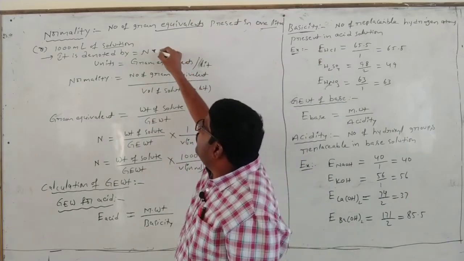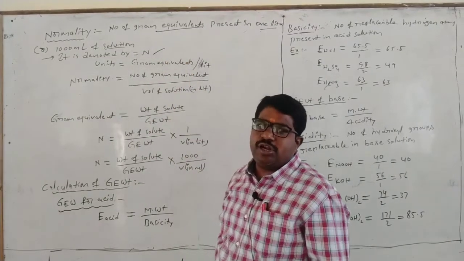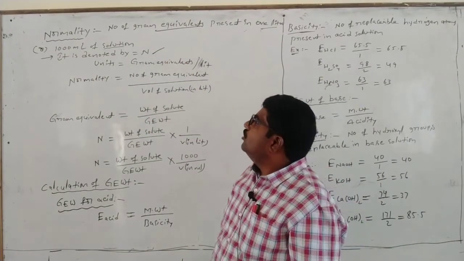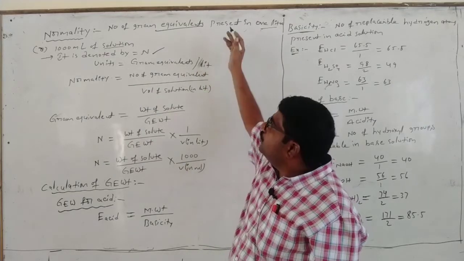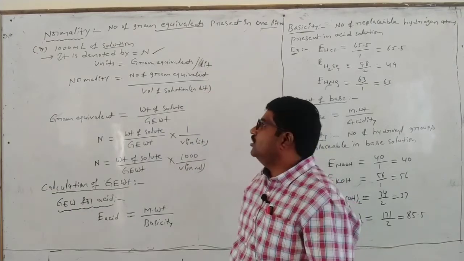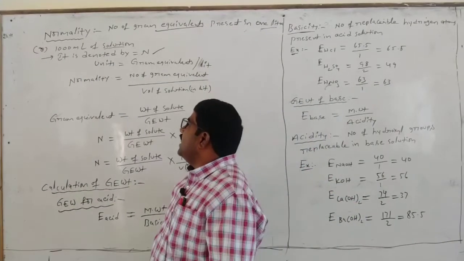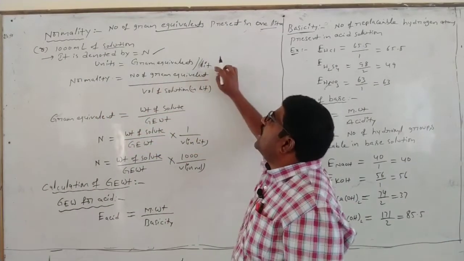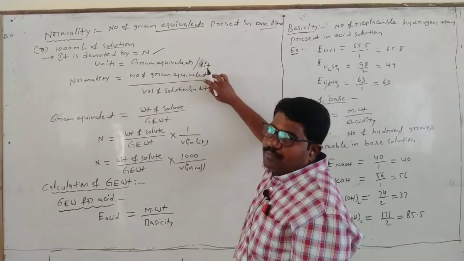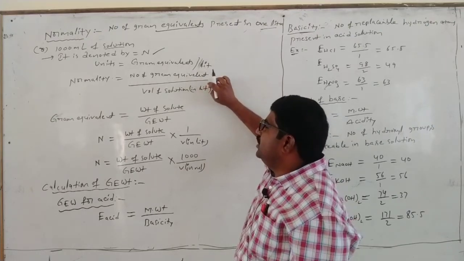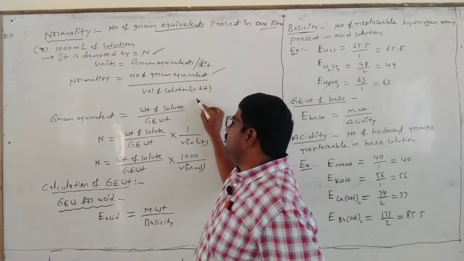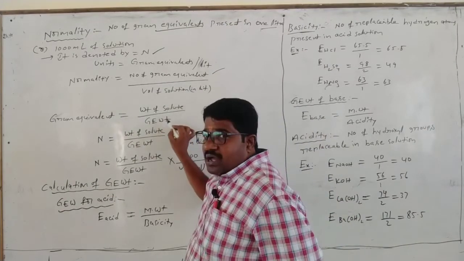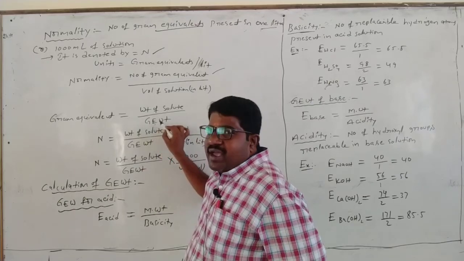It is denoted by capital N. The units are gram equivalents per liter. According to the definition, you have to write the units. Normality N is equal to the number of gram equivalents upon the volume of the solution. Gram equivalents is equal to weight of solute upon gram equivalent weight.